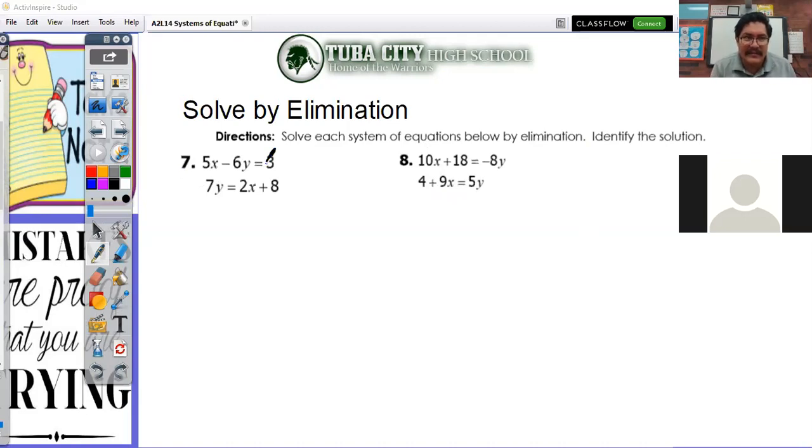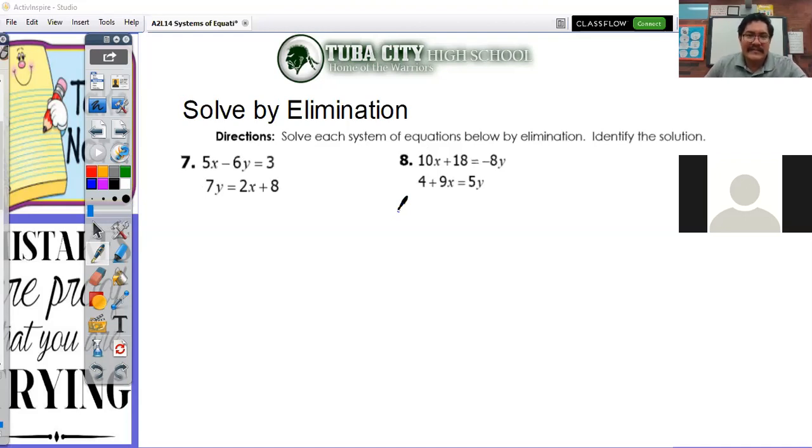We got to make sure they're in the same order, or what they said, line them up. That's the word they used. So in this case here, it's not lined up. If I'm just looking at the variables, it's x, y equals number, y equals x number. So they don't line up. Okay, so we're gonna have to change this up. Now the question is, what do we change it to?